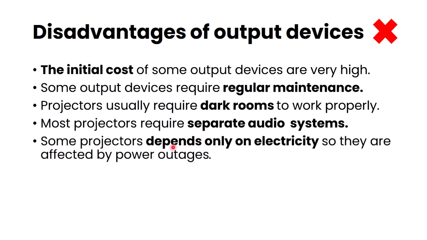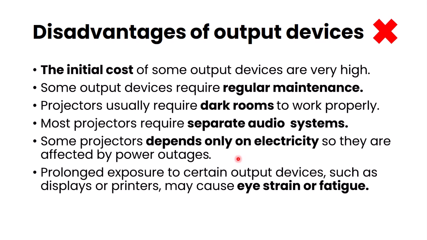Some output devices depend only on electricity. Like the monitor or the printer, they mostly depend on electricity. So when there are power outages, they are affected, and they can become damaged or faulty as a result.